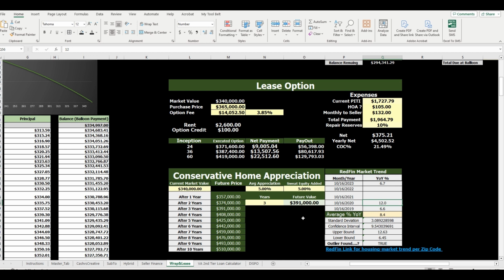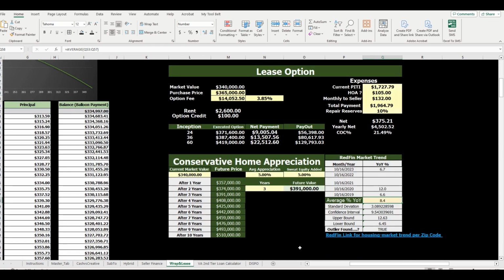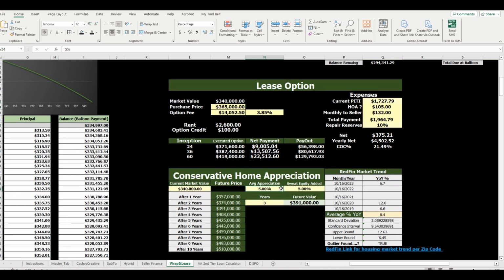So overall, the market appreciation on this zip code, we'd be looking at about 8% year-over-year market appreciation. Now, the average appreciation statewide across the U.S. is 5%. So we can see here that we're actually going to be relatively close, 5% being the typical average or the typical minimum.